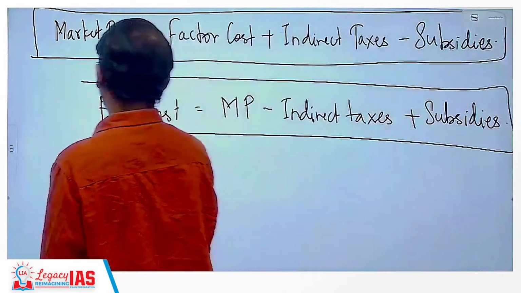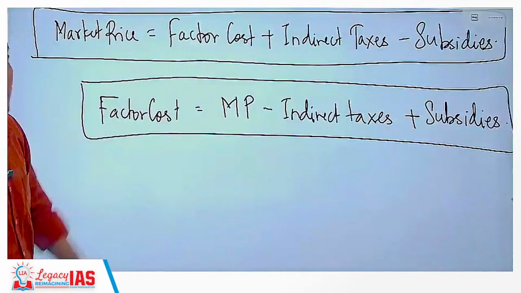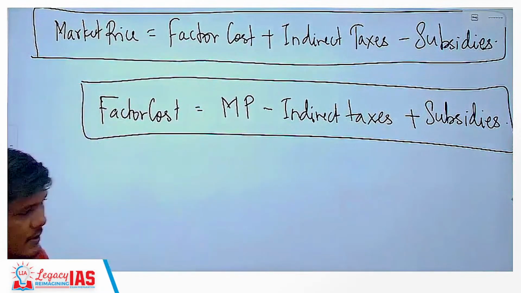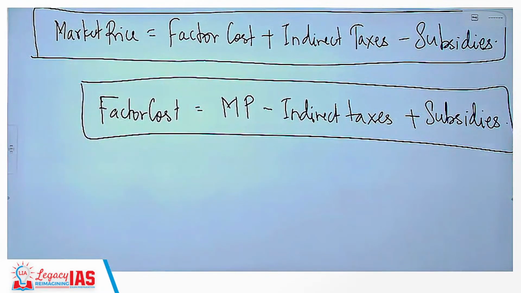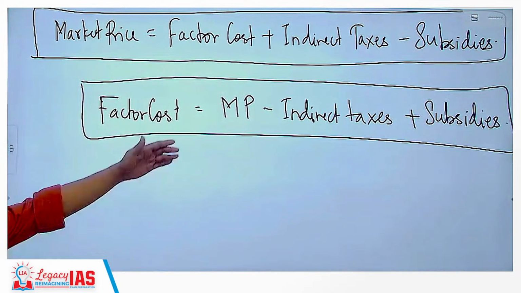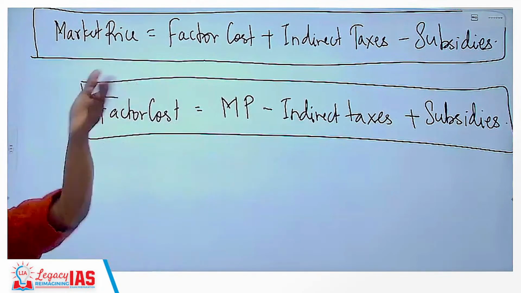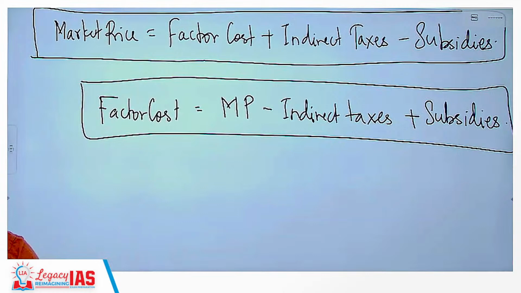So now in the question they can give you in this form or this form, both are same. हाँ, फैक्टर कॉस्ट इज एक्चुअली में कितना पैसा लगा उसको बनाने में. Factor cost is actually how much money you require to create it. Now when you add indirect taxes it artificially increases the price. When you add subsidy it artificially lowers the price. ठीक है, करेक्ट.